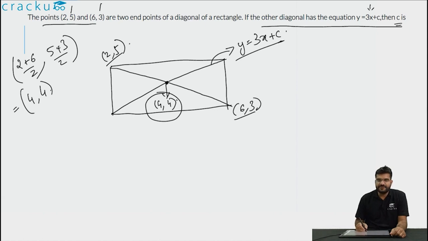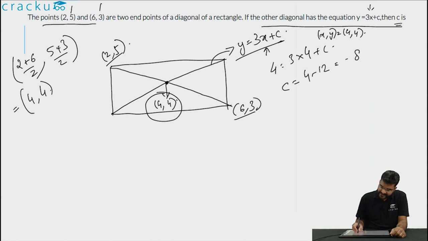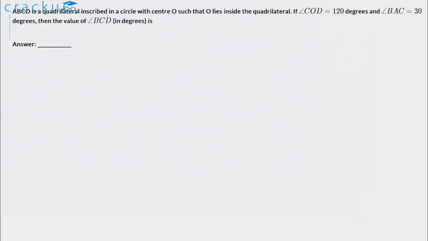Now we can just substitute the value of 4, comma 4 in this equation to find out the value of c. So 4 is equal to 3 into 4, because x comma y, which is equal to 4, comma 4, is a point on the line, plus c, or c is equal to 4 minus 12, which is equal to minus 8. So the answer in this case is minus 8. The value of c is minus 8.